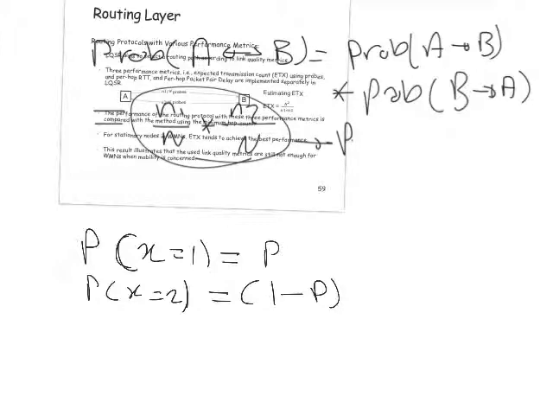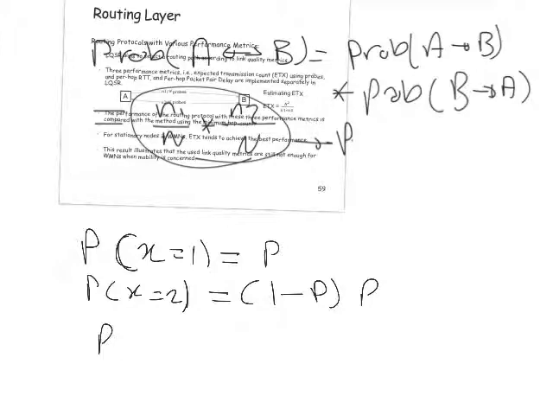Actually, if you review any basic probability material, this will be a piece of cake. Okay. So the probability that it fails the first time is 1 minus P. The probability that it fails at any time is 1 minus P. The probability that it succeeds is P. That's as easy as that. So x equals 2 means it fails the first time and then it succeeds. Fails the first time is 1 minus P, and it succeeds the second time is P.